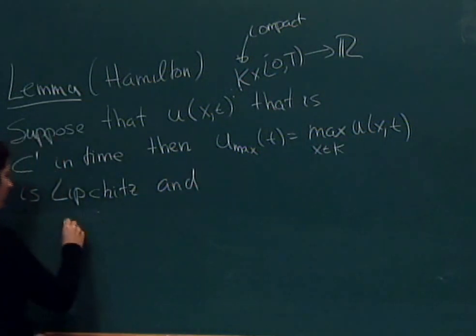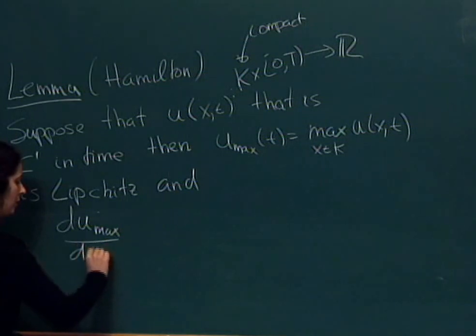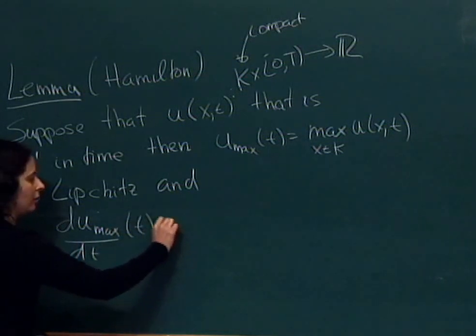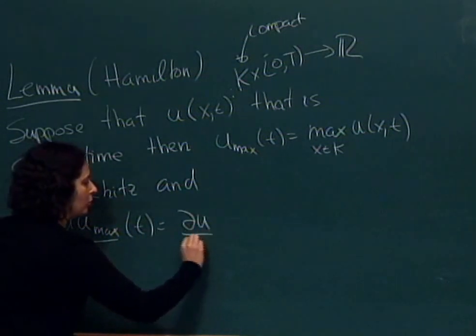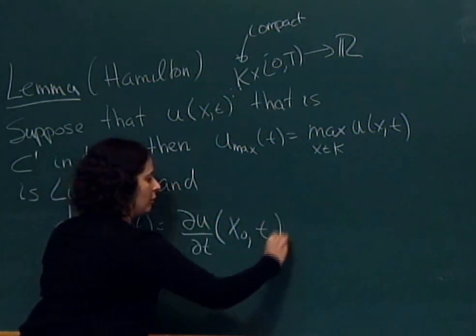And du max dt at t is the same thing as du dt at x naught, t, where x naught is a point where the maximum is attained.